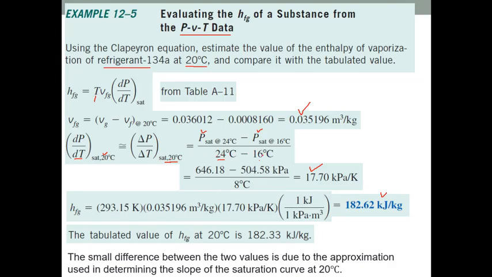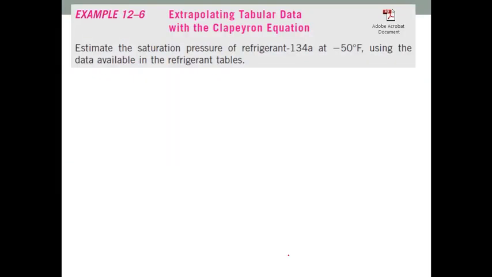If we further reduce the delta T, let's suppose the nearest points available are 21 and 22, then we can minimize the error, because the condition for the derivative is that delta T should approach 0. That means it should be as small as possible, then the value will be accurate.